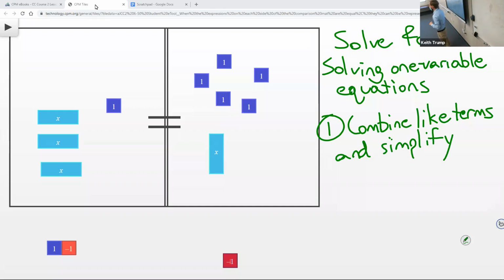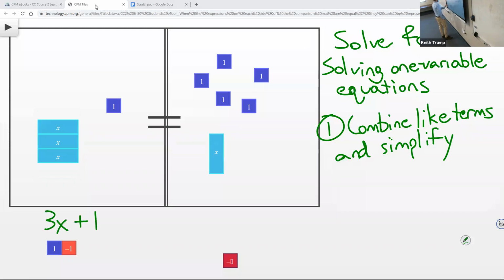That's what we did when we did our 0 pairing, okay? You can see that if we combined like terms over here, this side would be 3x plus 1, and this side would be 1x plus 5. So we have 3x plus 1 equals x plus 5. That was a simplification that we did by doing those 0 pairs, okay? So step 1 is done.